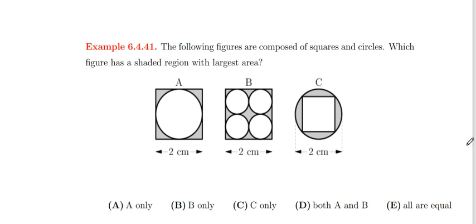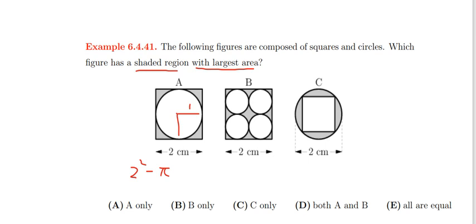So for this problem, it says the following figures are composed of squares and circles. Which figure has a shared region with the largest area? So we just find the shared region area. For A, this is 1, right? So this equals 2 squared minus pi.